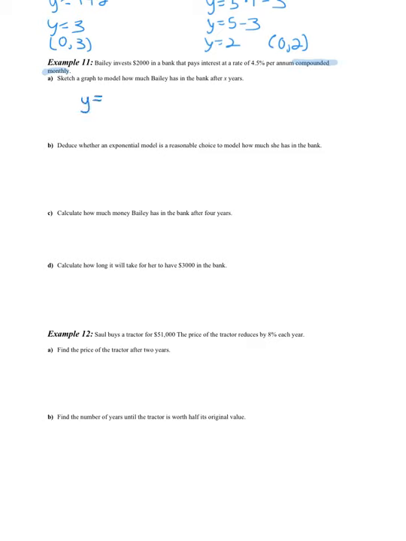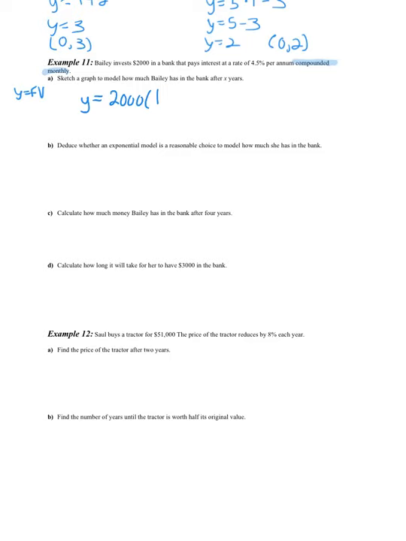So this one we're going to need to do the principal value, or the present value, I should say. Remember, we have the future value and the present value. So y is our future value here. And then we do, what was this part?